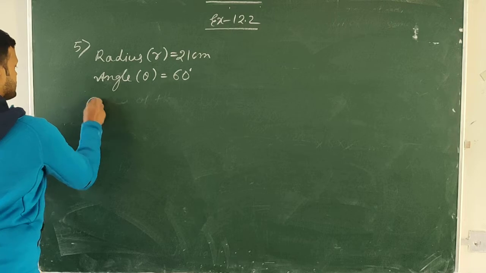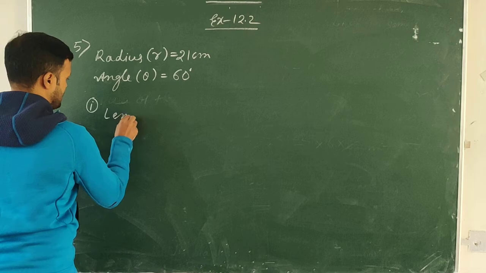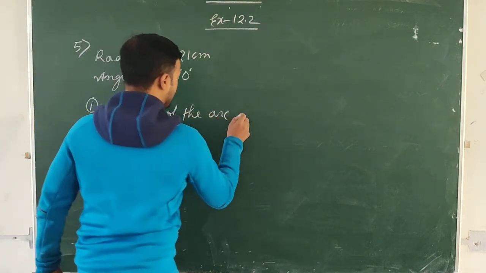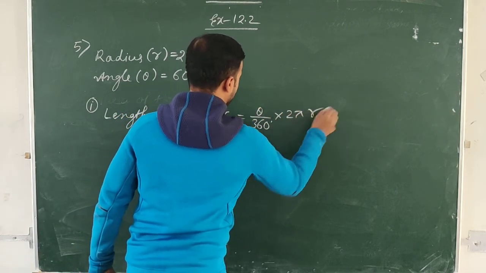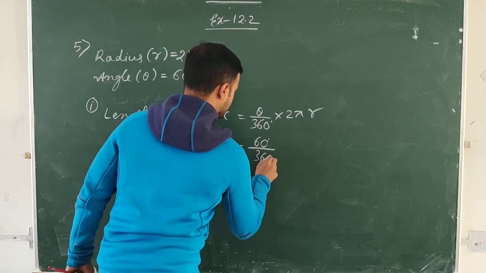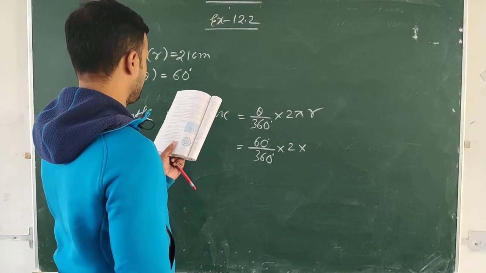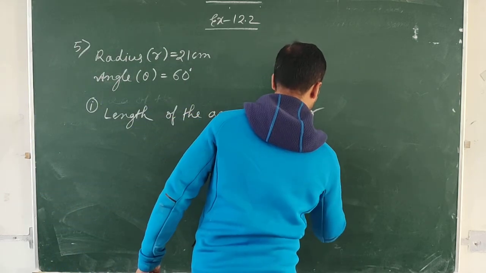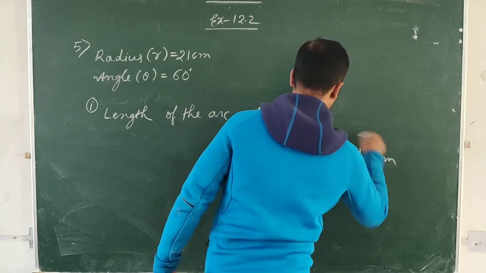So first one is we need to find the length of the arc. So let us find the length of the arc. Length of the arc is equal to theta by 360 degree into 2 pi r. Theta means 60 degree here by 360 degree into 2 pi. Pi is not given to you, so 22/7, and radius is how much? 21 cm.